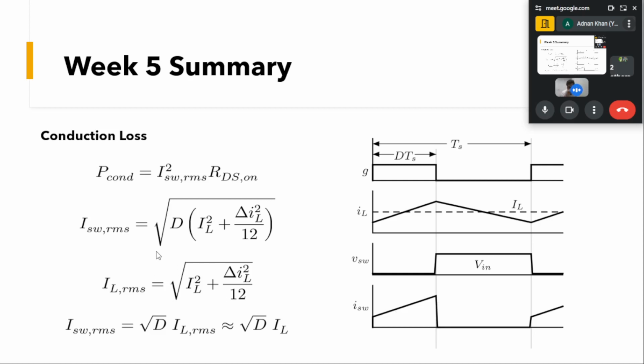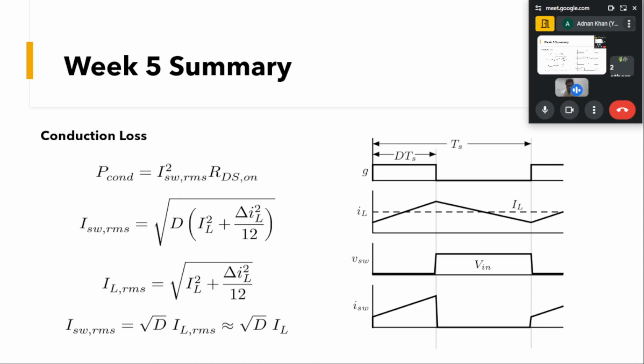If you calculate the inductor current RMS as well, for the inductor current that is flowing, it will come out to be IL square plus delta IL square by 12 here. If you see equations 2 and 3, there is a similarity between these two equations.